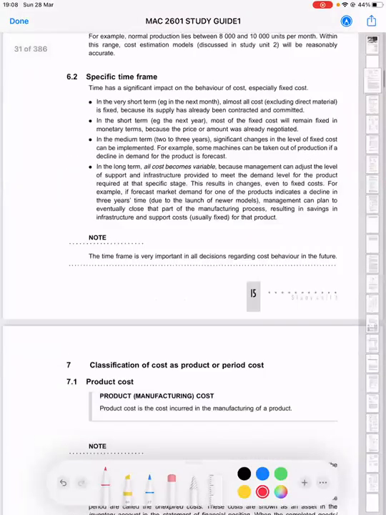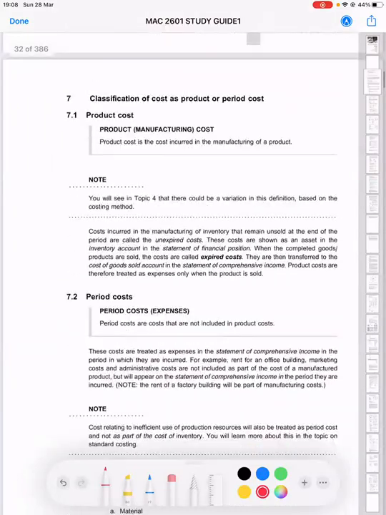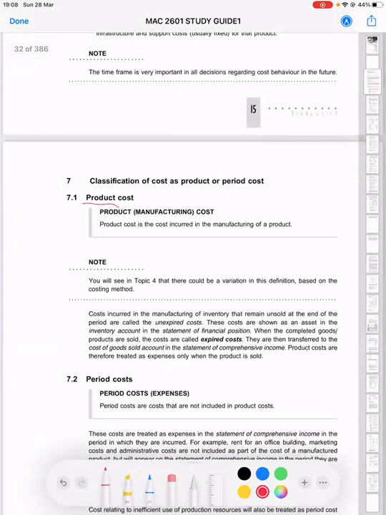Those are costs that are incurred in the manufacturing process. A product cost is also referred to as the manufacturing cost. Those are costs incurred in the manufacturing process: direct material, direct labor, manufacturing overheads.